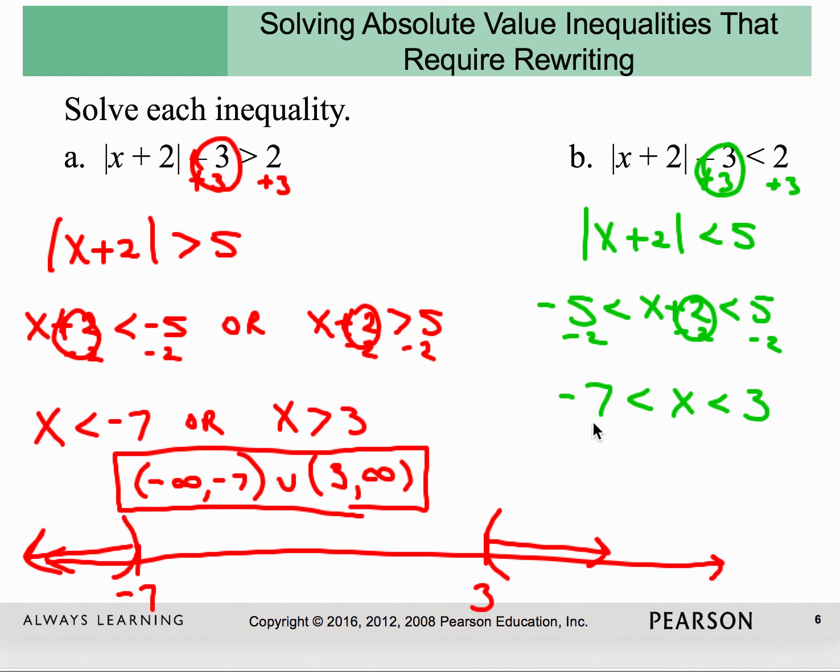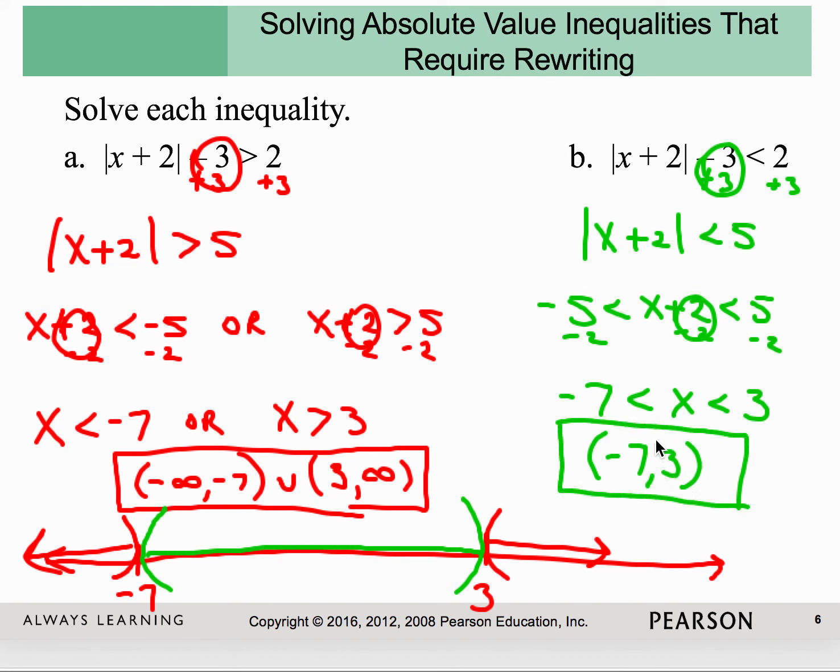Notice I got the same values, negative 7 and 3. The only difference is this time, it's the stuff in between negative 7 and 3, right? And if we did the equation where it equals 2, it would be equals negative 7 and equals 3. So I'm going to get the same numerals. It's just which sections of the number line are part of my answer.